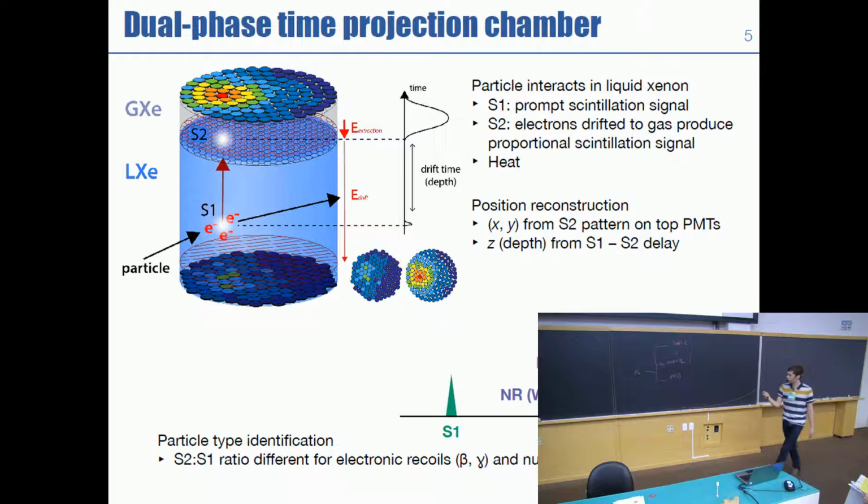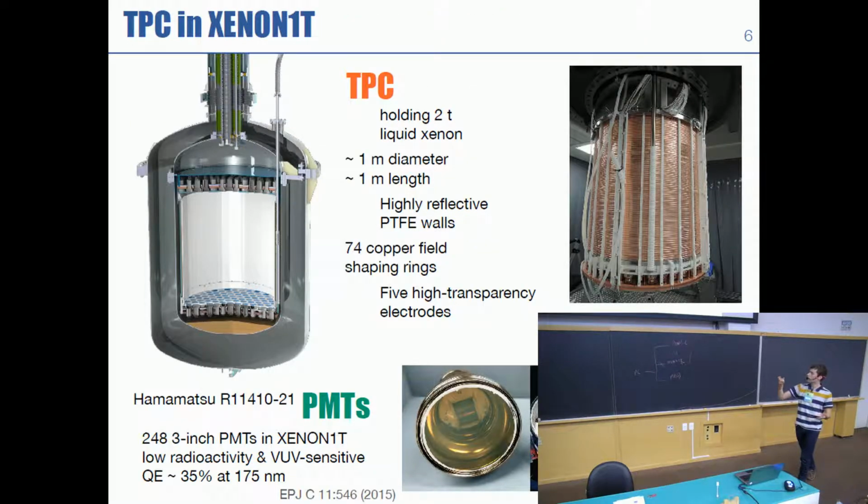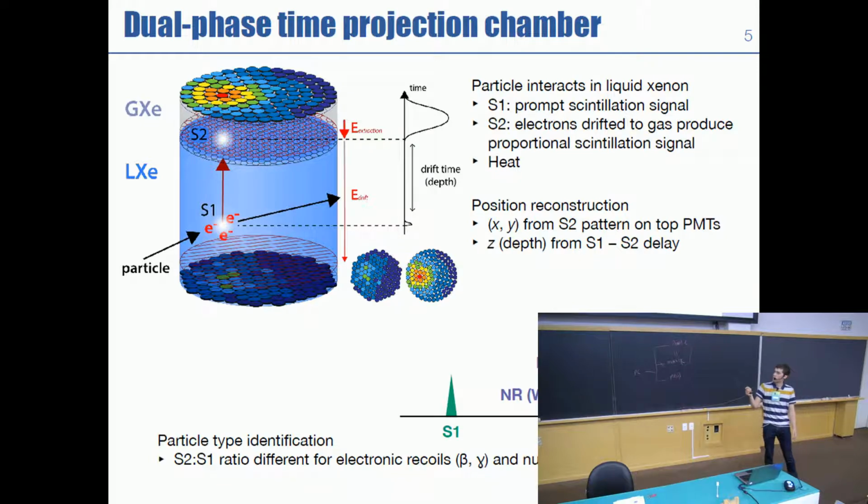So instead, to discriminate electron and nuclear recoils, we use the fact that the S2 to S1 ratio, or the charge to light ratio, is different between an electron and a nuclear recoil. In an electron recoil, which makes up the bulk of our background, we see a lot more charge and a lot less light than a nuclear recoil. We get somewhat worse discrimination, unfortunately, than the liquid argon experiments, but there are other compelling reasons to use liquid xenon that make it worth it for us.